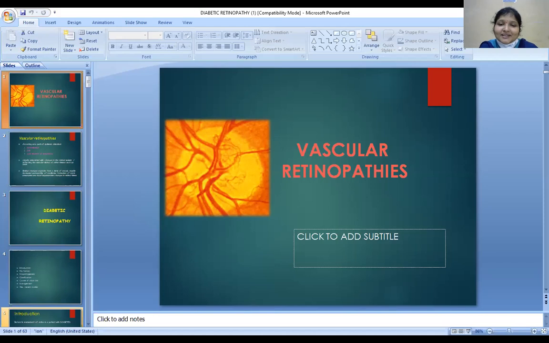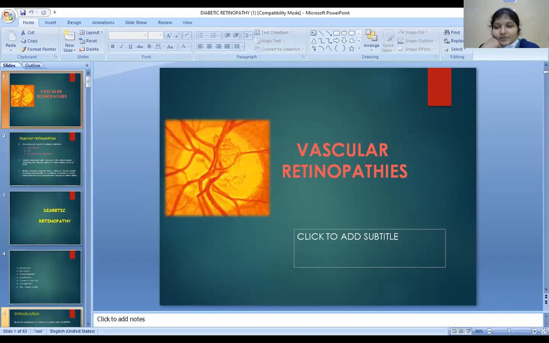So we are not attentive in the last class. The cattle truck phenomenon is seen in central retinal artery occlusion because there is segmentation of the blood in the retinal veins. Segmentation of the blood in the retinal veins as columns is called cattle truck appearance.